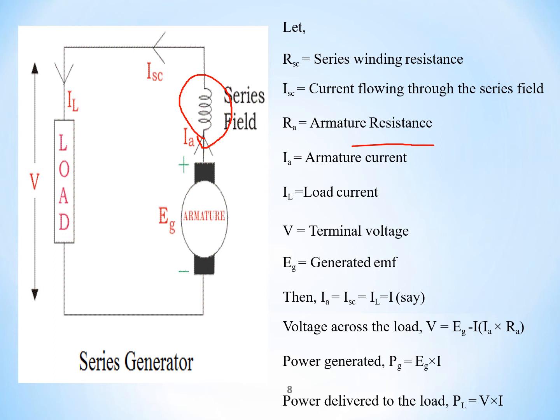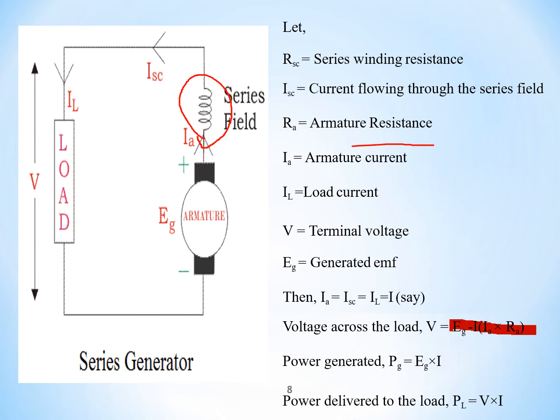So then if we observe according to the circuit diagram, then IA is equal to ISC is equal to IL. We can name it as I. Voltage across the load, that is V is equal to EG minus I into RA, that is EG minus IA RA.